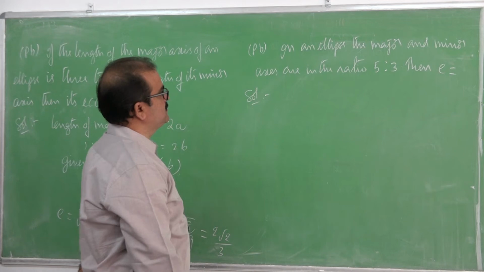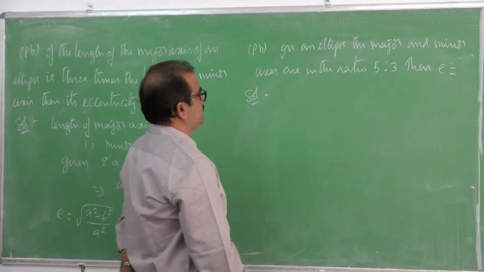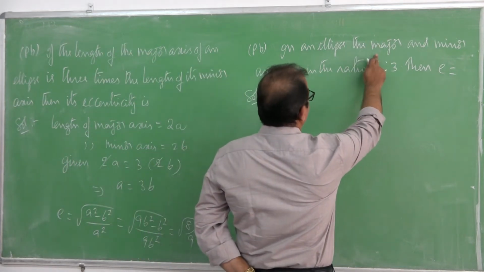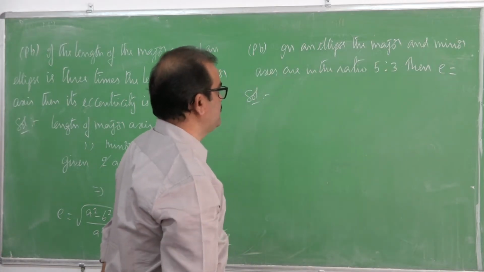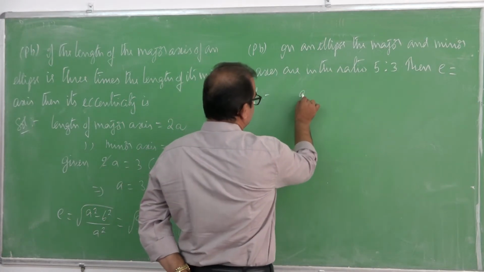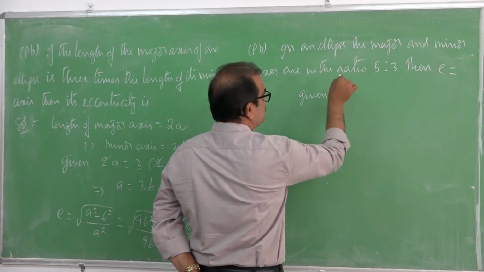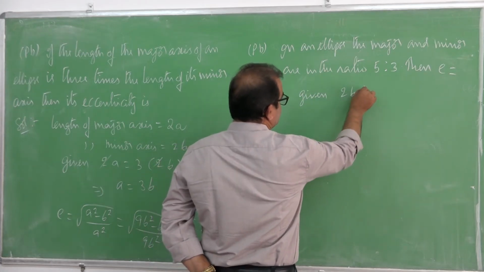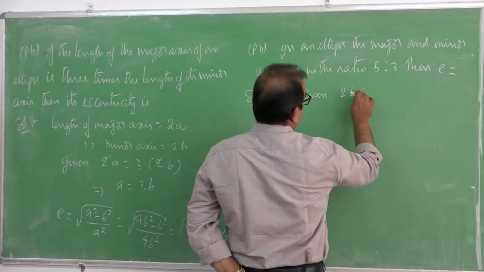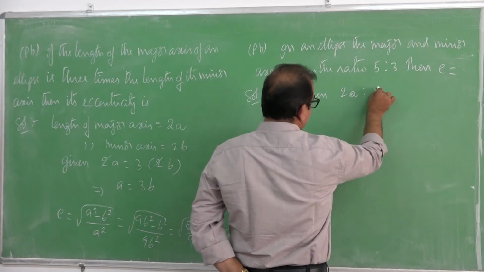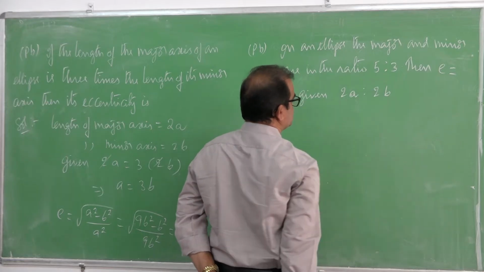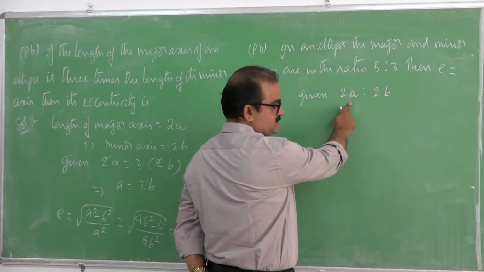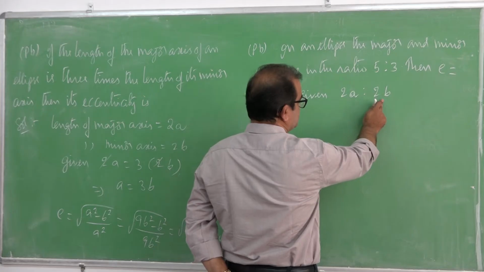See the solution. What is given? In an ellipse, major axis and minor axis are in the ratio 5:3. That means the ratio of major axis 2a and minor axis. Length of major axis is 2a, length of minor axis is 2b.